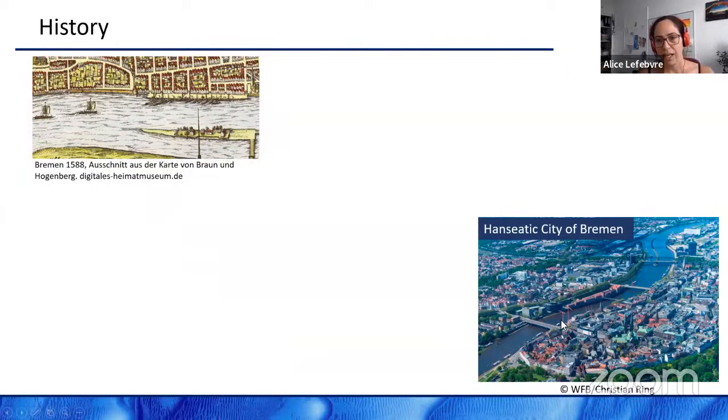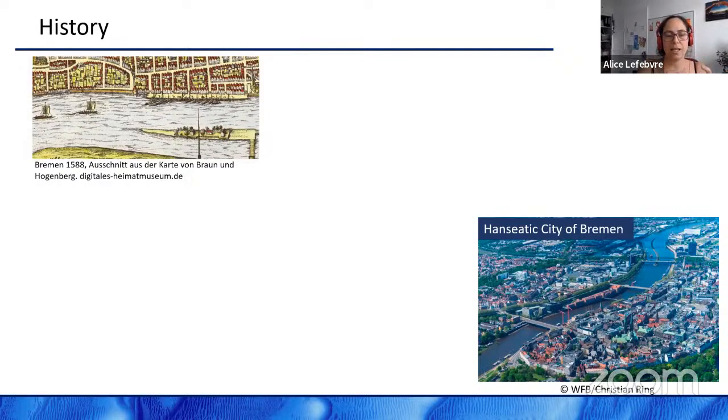You can see the old city center is very much with the river, because the League of Hanseatic Cities started in northern Germany between the Baltic and the North Sea, with cities like Lübeck and Hamburg, and then over 100 cities joined the League.